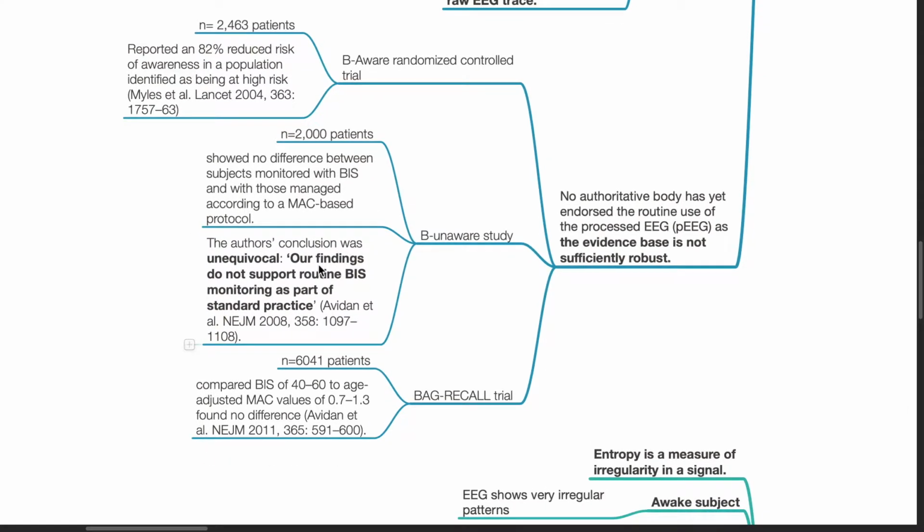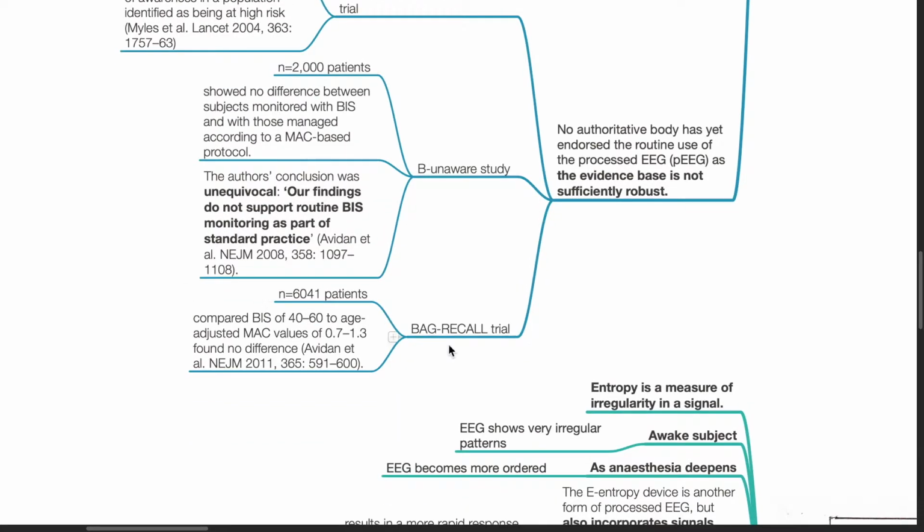The authors state, "Our findings do not support routine BIS monitoring as part of standard practice." The BAG-RECALL trial, involving 6,441 patients, compared BIS of 40 to 60 to age-adjusted MAC values of 0.7 to 1.3 and found no difference as well.